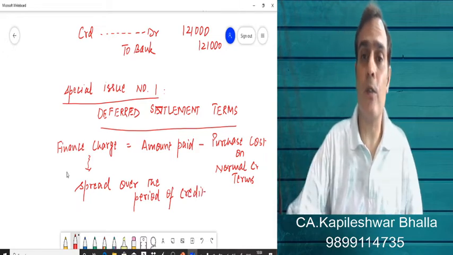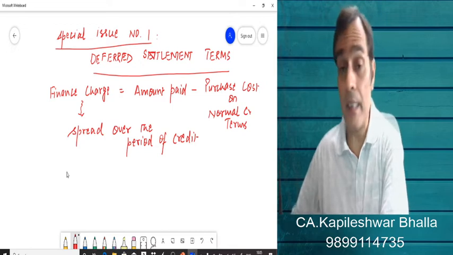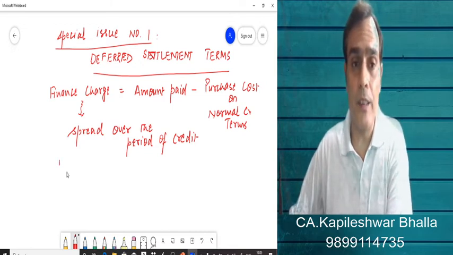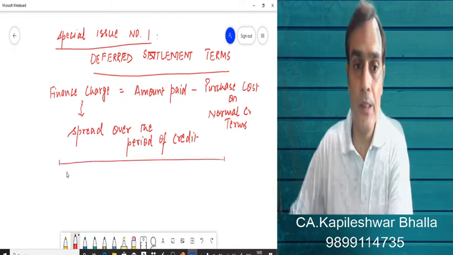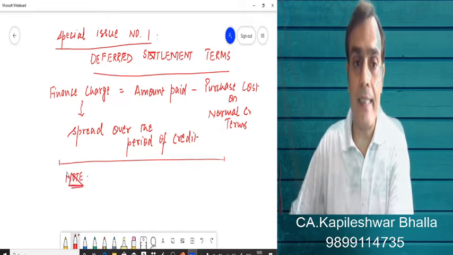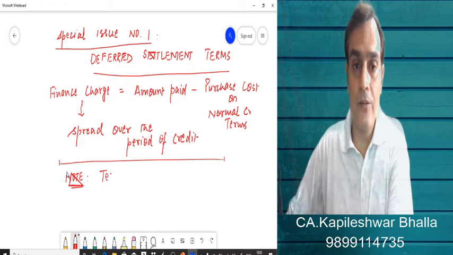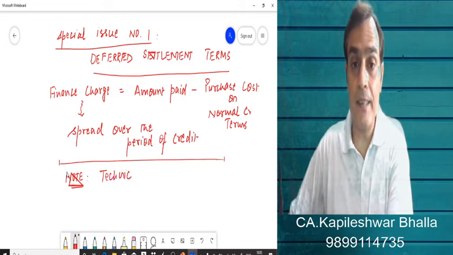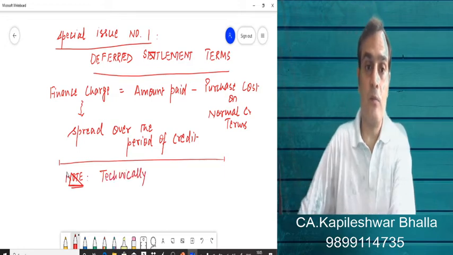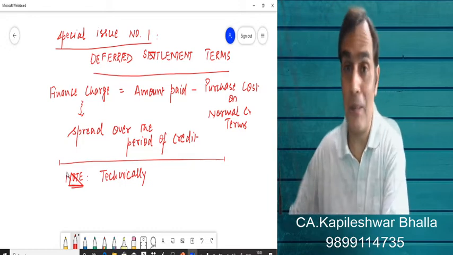And we can just add on that we need to technically apply the concept of unwinding of discount. So we can just put a note out here: technically applying the unwinding of discount concept. Now you must be wondering why there is a triangle. I think sometimes it picks it on its own.